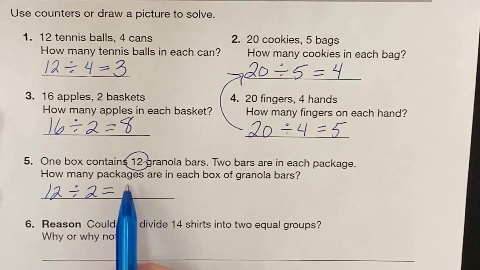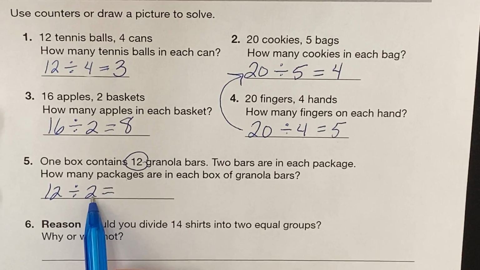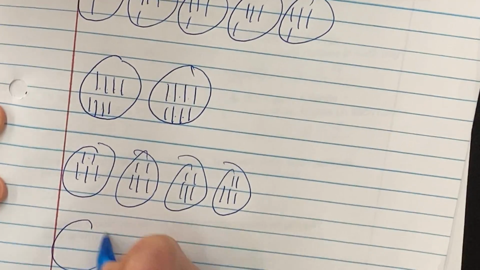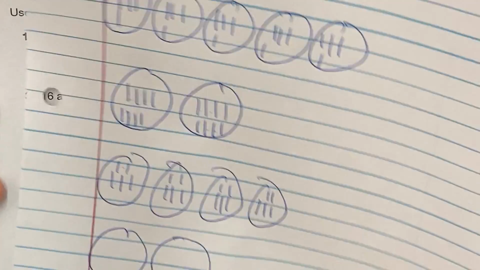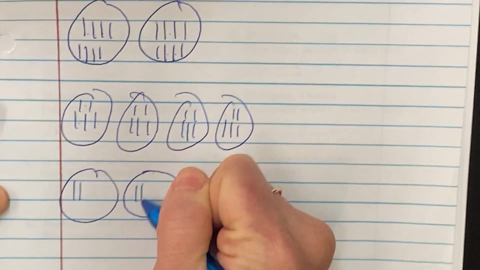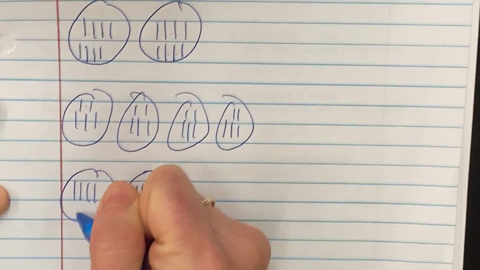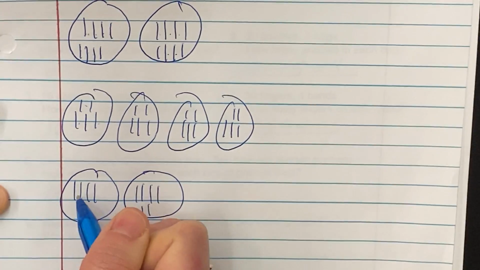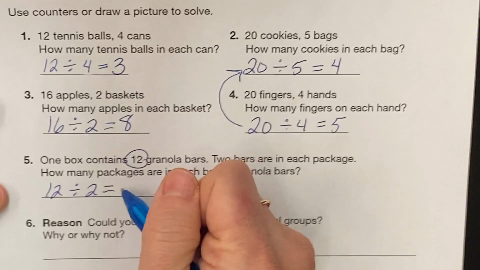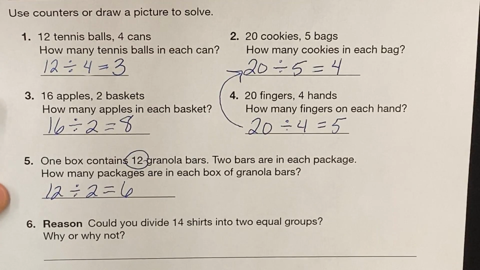Now normally the packages would be the divisor, but in this question it's opposite, and you can still solve it this way. So 2 groups, 12 total, 1, 2, 3, 4, 5, 6, 7, 8, 9, 10, 11, 12, 1, 2, 3, 4, 5, 6. There'd be 6 packages.